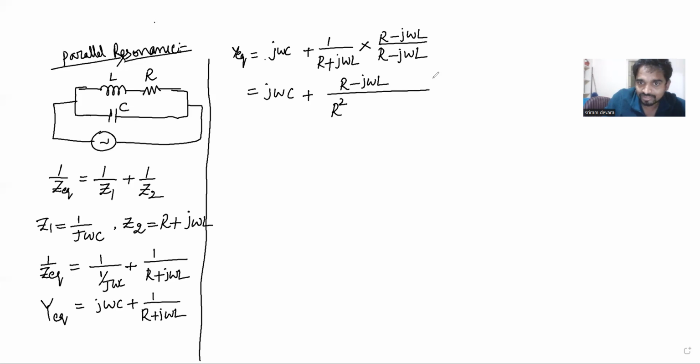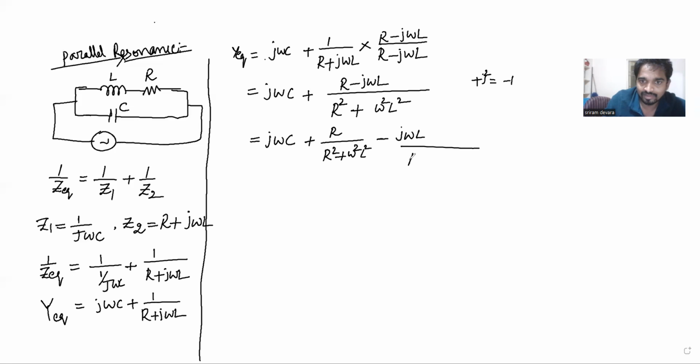But in this J square is there, right? J square is equal to minus 1, so minus of minus becomes plus omega square L square. Further, this is J omega C plus R by R square plus omega square L square minus J omega L divided by R square plus omega square L square.